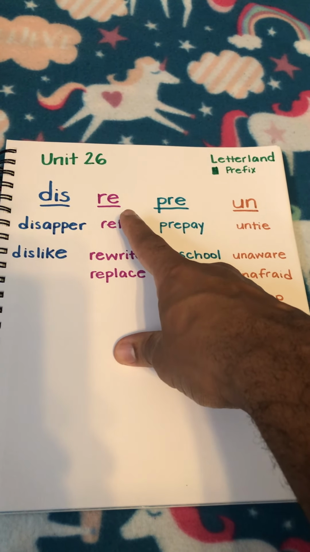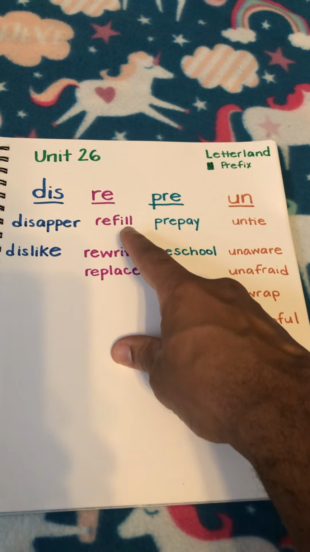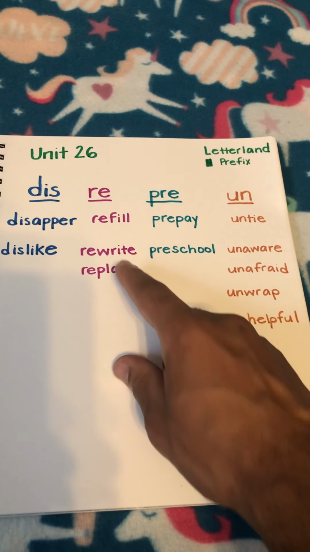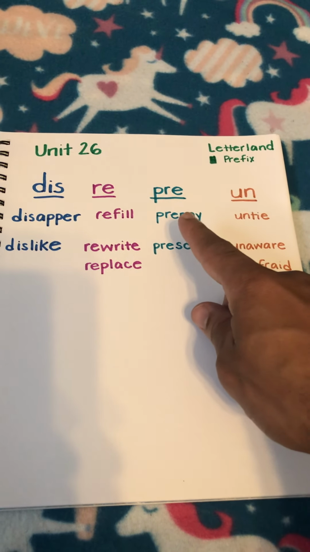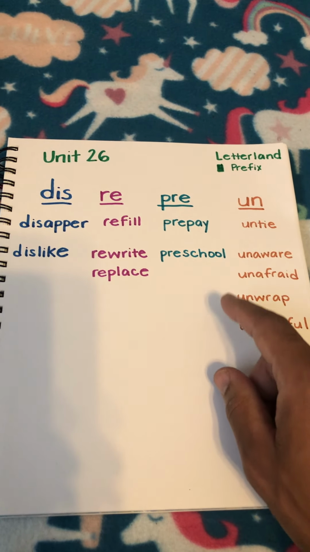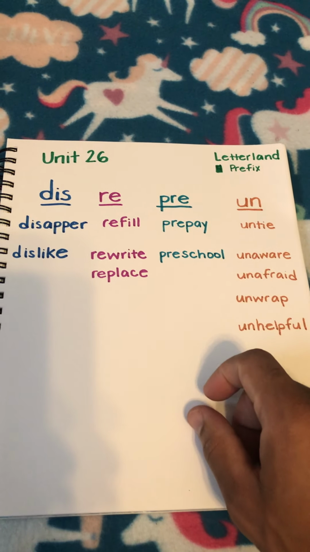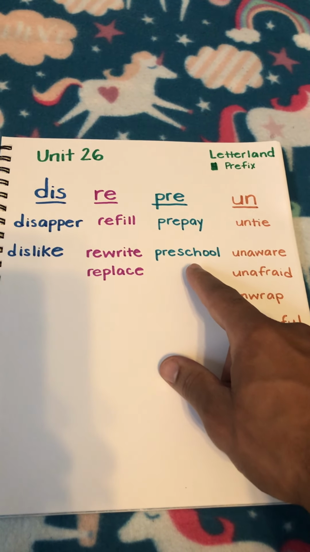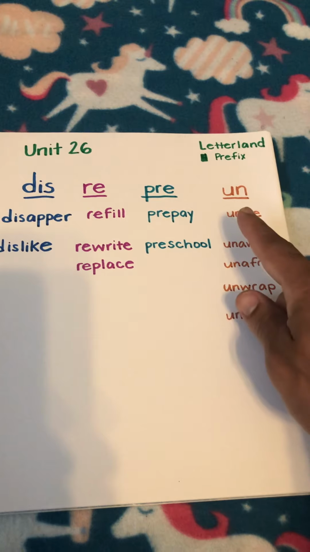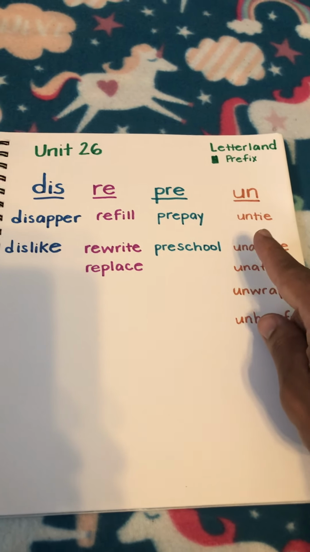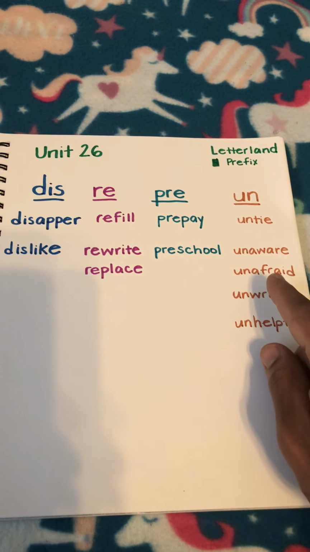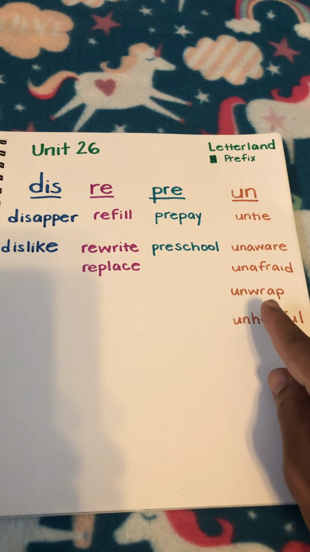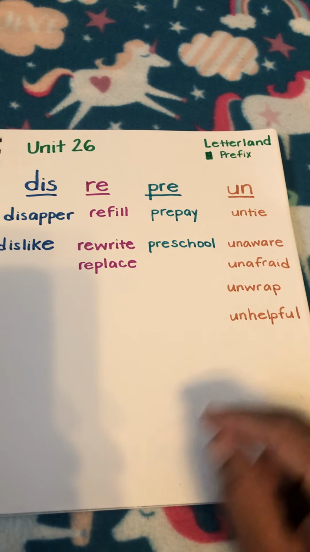From there I have my re words, refill, rewrite, replace. My pre words, prepay, preschool, and my un words, untie, unaware, unafraid, unwrap, and unhelpful.